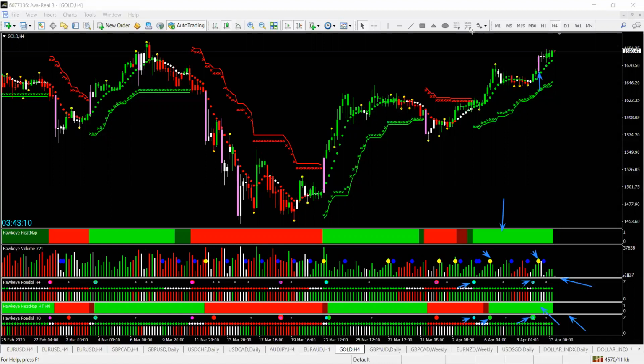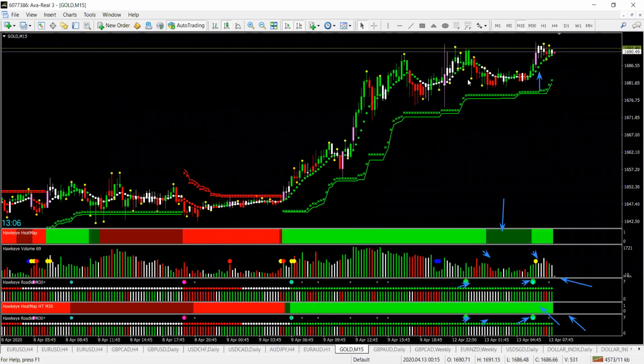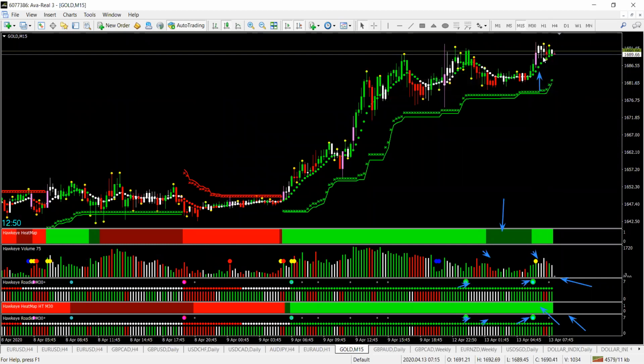Based on this premise, let me go down to the lower time frame. On the 15-minute, you see a buy signal being issued, right about half an hour before the London Open. That's when I saw it, and I reached out to Jose saying a really good opportunity is setting up.